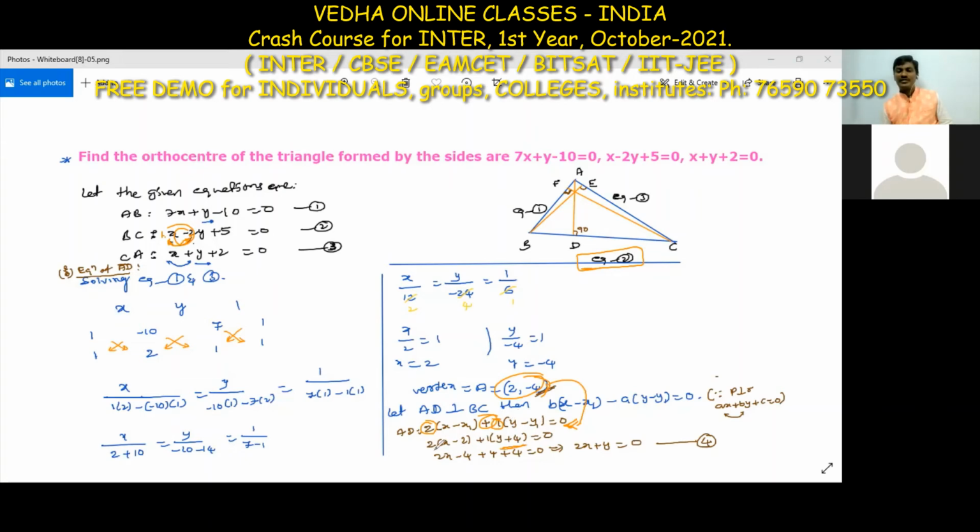Multiply: 2 into x is 2x, 2 into minus 4 is minus 8? 1 into y is y, and 1 into 4 is 4. So write the x term 2x, the y term y, and plus 4 minus 4 gets cancelled. So that is 2x plus y equals 0. This is equation number 4. In the given sides, three equations are given. That's why this is the fourth line.